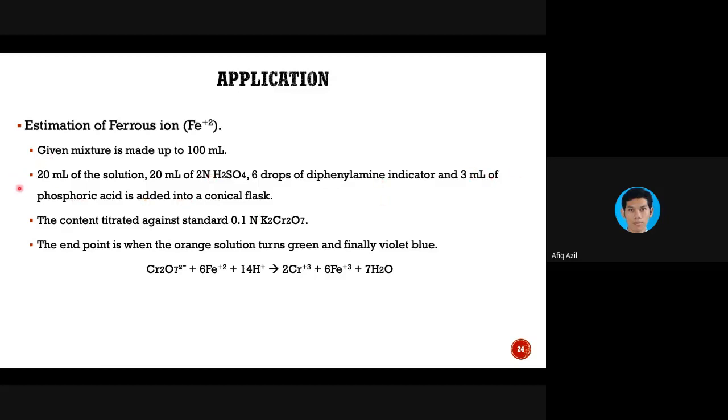This is how you prepare the test solution, the analyte in the conical flask, before titrating against the potassium dichromate. You don't need to standardize it first like KMnO4.